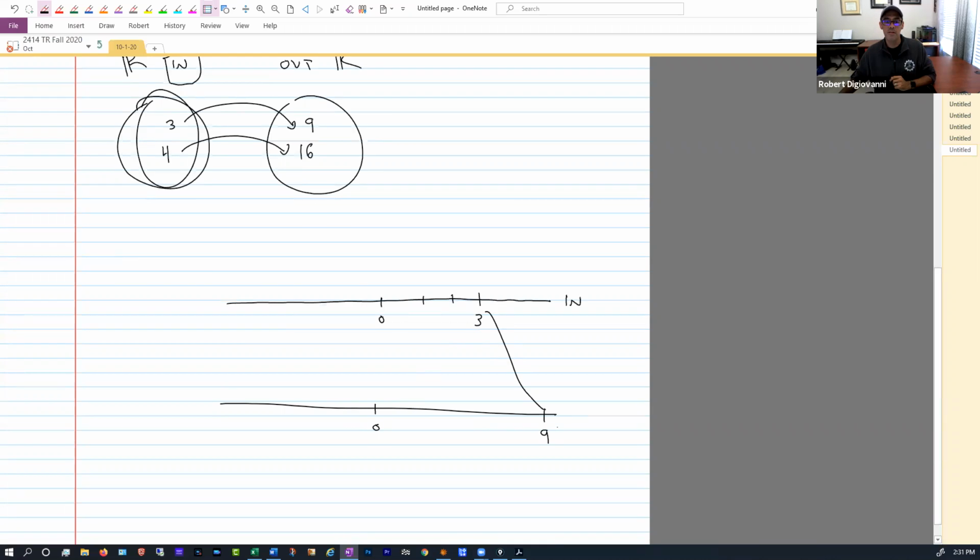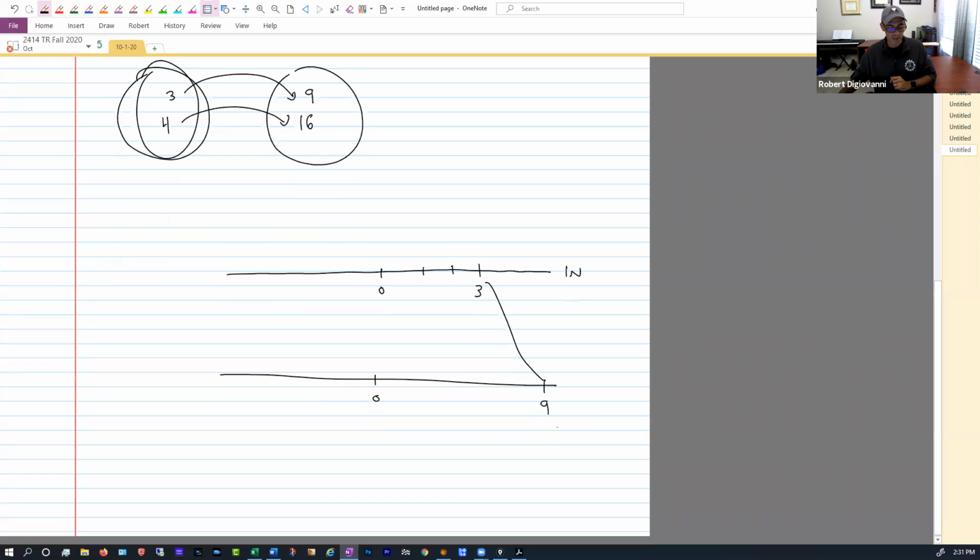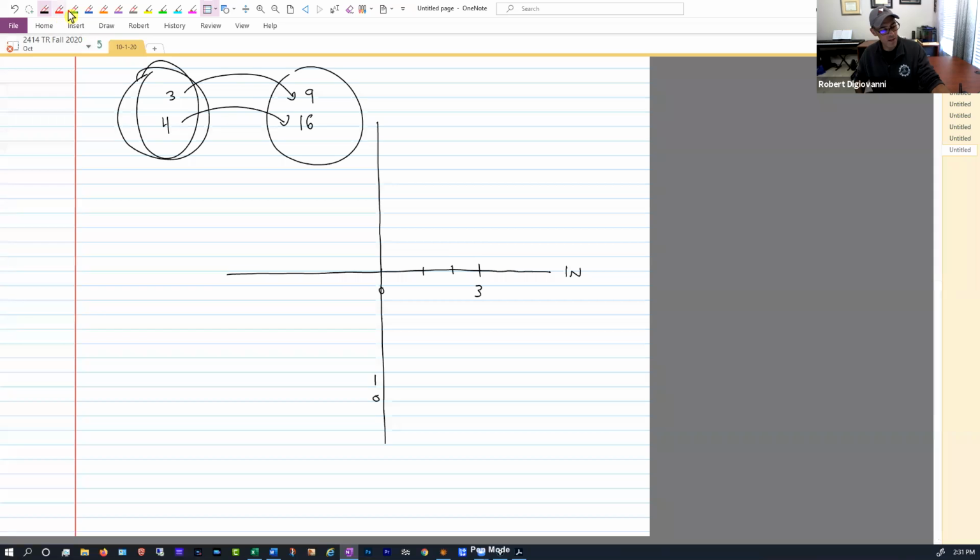But that sucks. Instead, we can turn it and put it vertically like this. Now when we plug in 3, it spits out 9, we have this point. And when we plug in 4, we have this 16. Then when we draw all that together, we get a parabola.